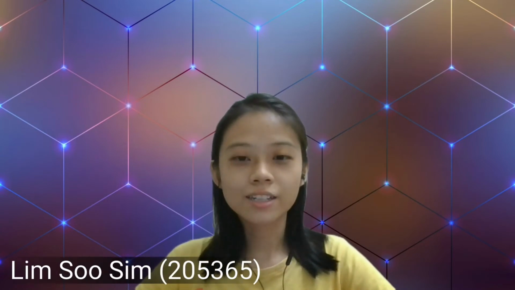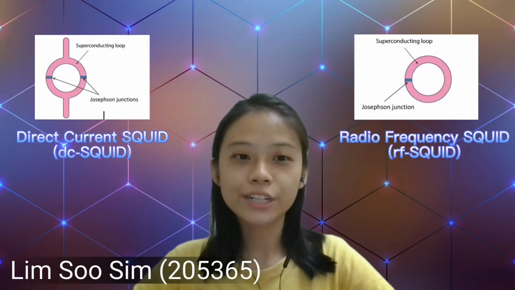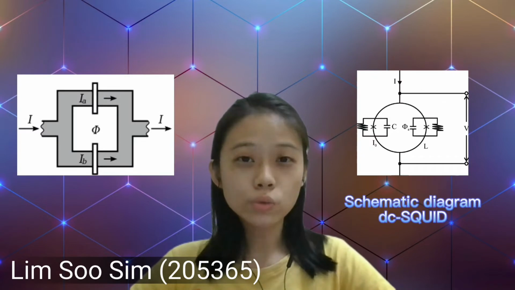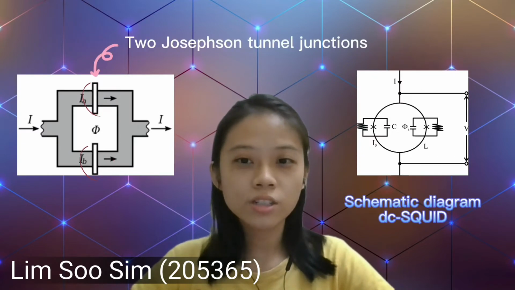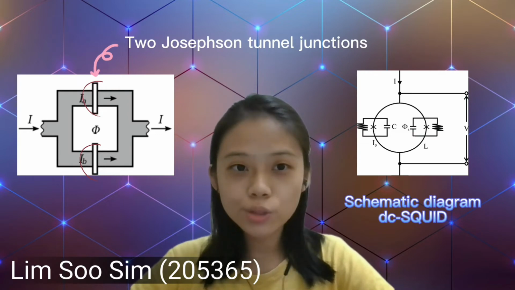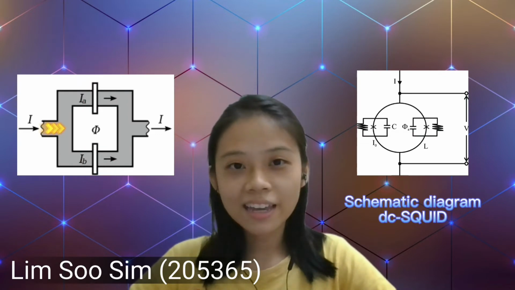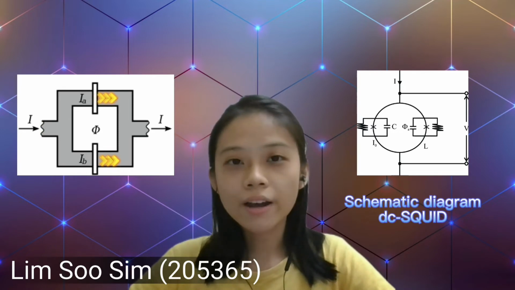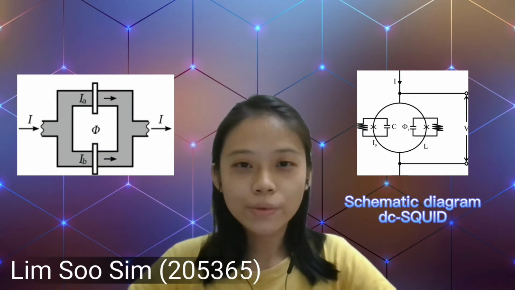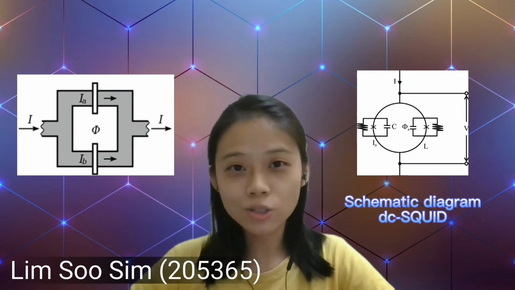There are two types of SQUIDs, which are the direct current SQUID and the radio frequency SQUID. A SQUID consisting of two resistively shunted Josephson tunnel junctions is a DC SQUID. A bias current I enters and splits into the two parallel paths, each with current IA and IB, while phi represents the magnetic flux threading the DC SQUID loop.